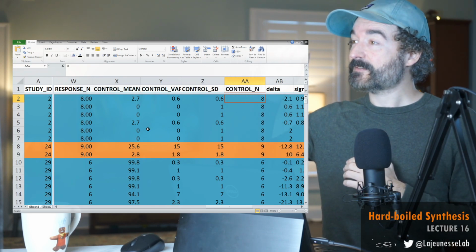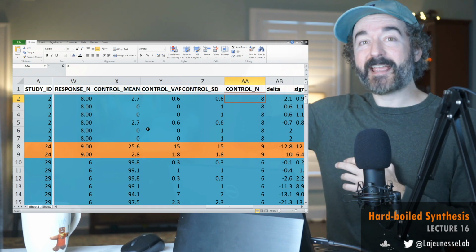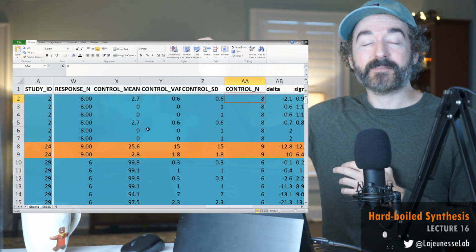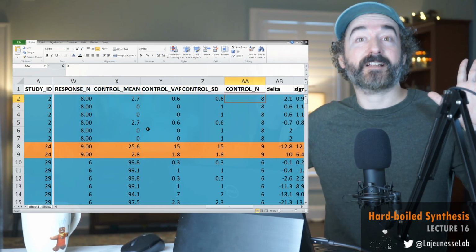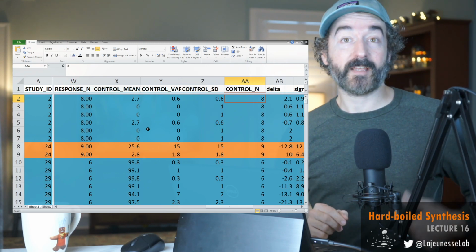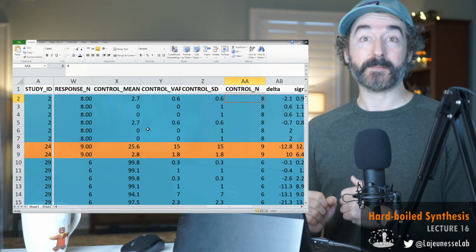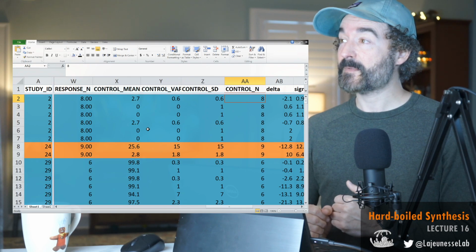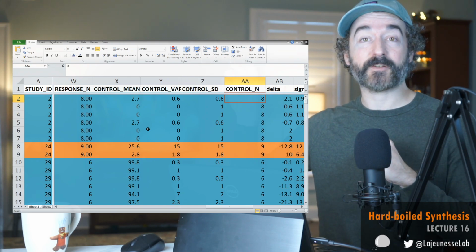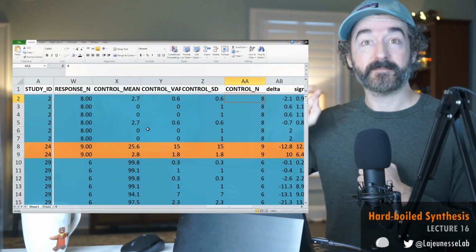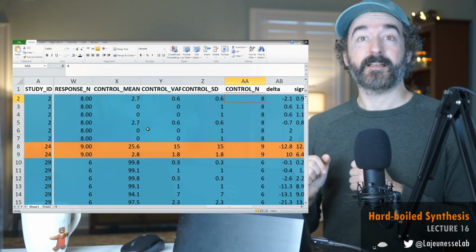You create a number to impute, to fill in the gap, and then you don't touch it again. That's a hard imputation. A soft imputation tries to address some of the error associated with imputing, filling in the gaps.